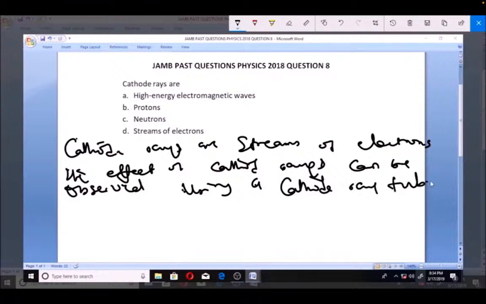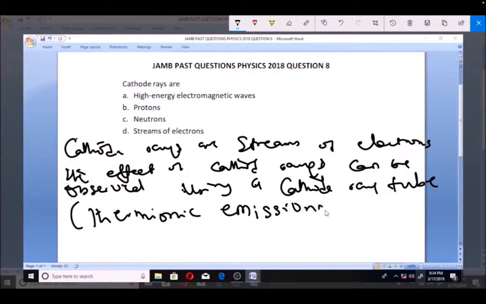So when you check your textbook for the cathode ray tube, you're going to see how it works. And again, the process that actually happens in the cathode ray tube is what we call thermionic emission.